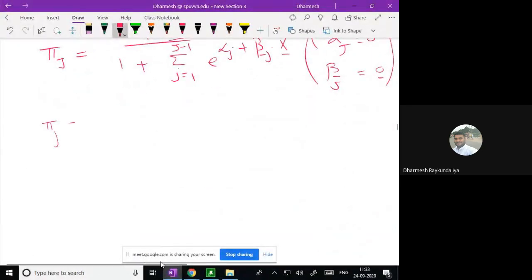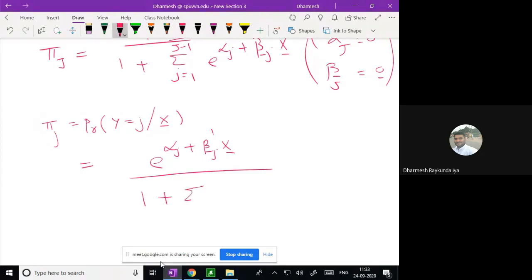Pi j is nothing but the probability that y falls into the j category given a value of x, which is e raised to alpha j plus beta j transpose x upon 1 plus summation j equal to 1 to capital J minus 1 e raised to alpha j plus beta j dash x. Okay, we can write. Yes, sir. So this is my pi j x.